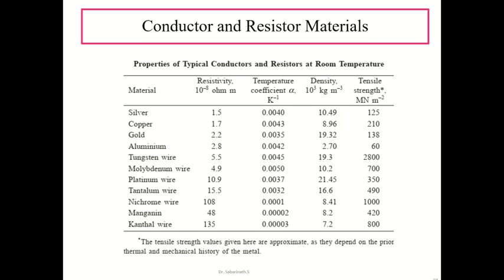Copper is also used in electrical contacts in switches, brushes and relays, and the material possesses high electrical conductivity and high thermal conductivity, and also has good corrosion resistance and a high melting point. So these are different examples of the different properties of materials, conductors and resistors at room temperature.